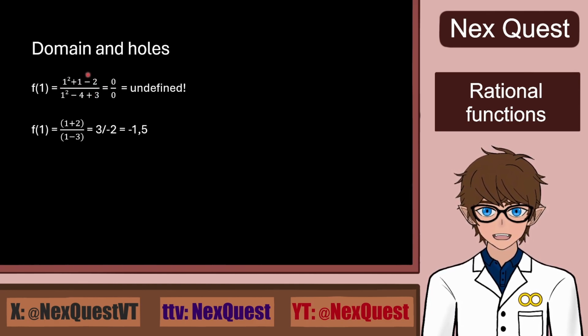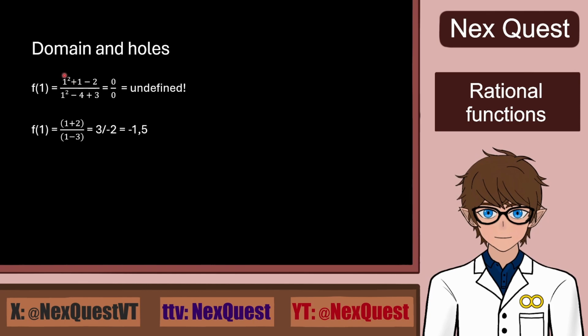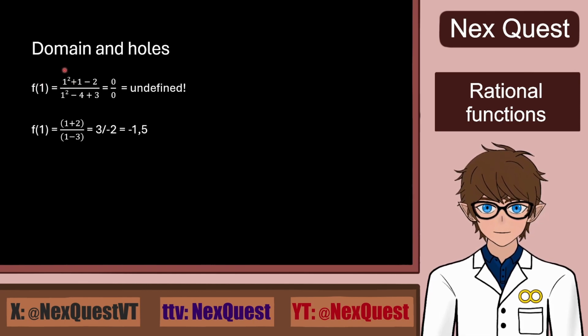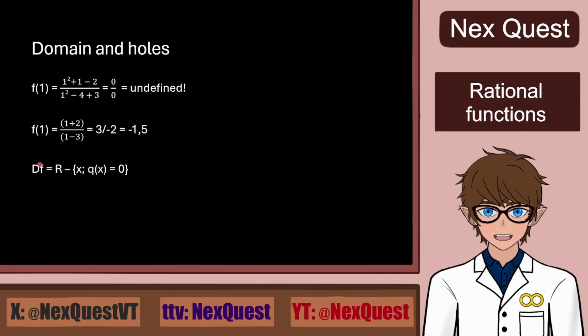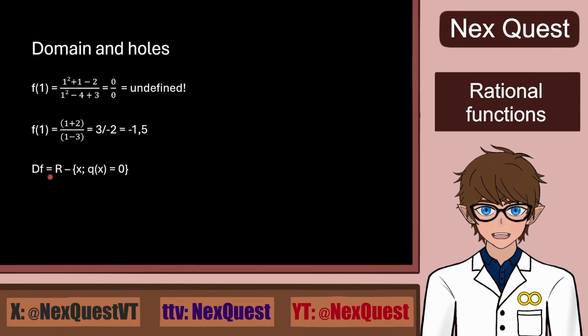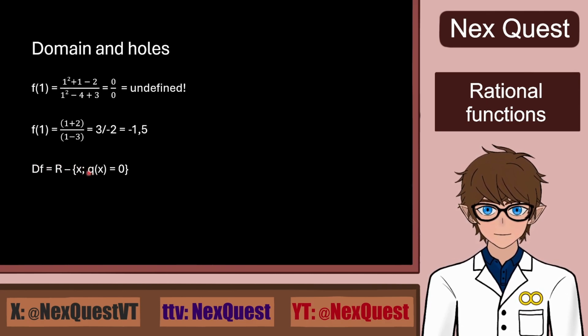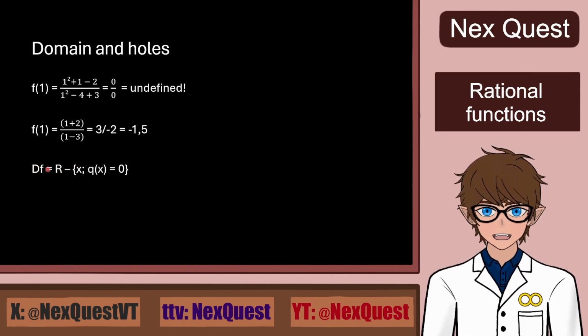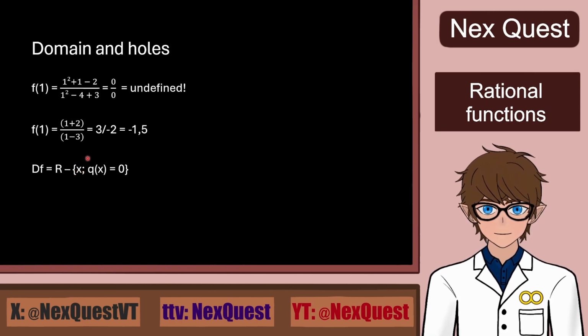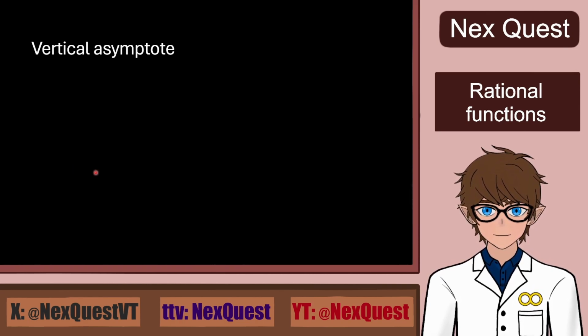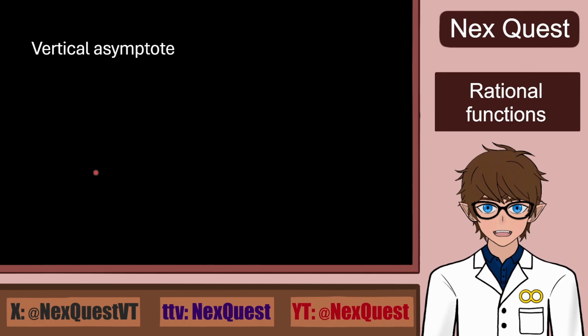I hope we still remember zeros are when you get y equals 0 for a certain x in a function. And we could write our domain like so, replacing the x with the value that gives us a 0 from q of x. So in this specific case, we could write this as D f equals R minus {1}. Now we can finally get to the asymptotes.